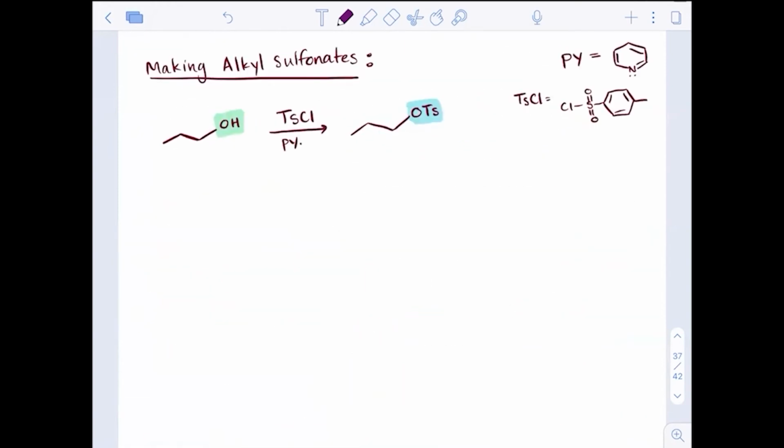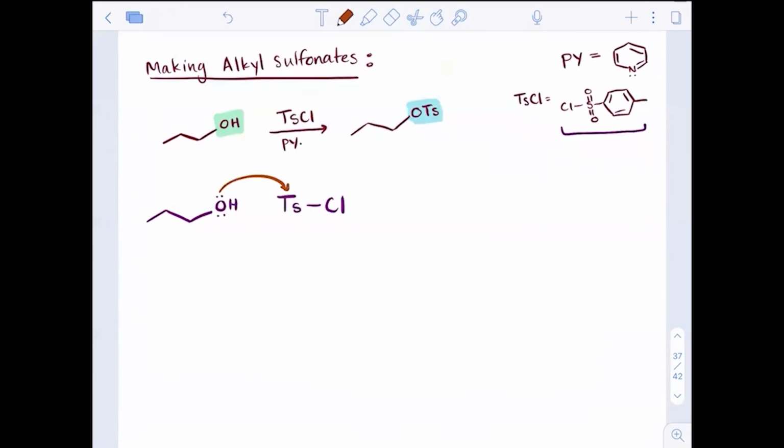So let's just think about how we actually make the alkyl sulfonates. We start with tosyl chloride, TsCl, molecule right here over on the side. But again, we like to abbreviate. So in this mechanism, what's really important to note is that we can actually abbreviate TsCl when we do these curved arrows.